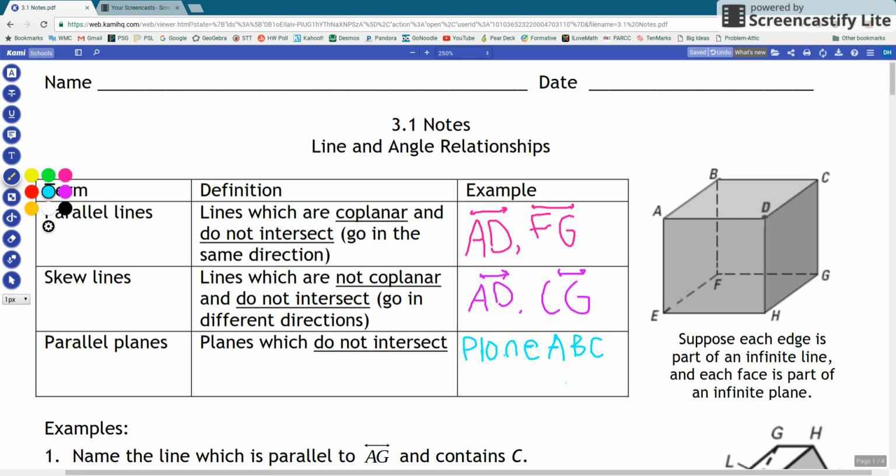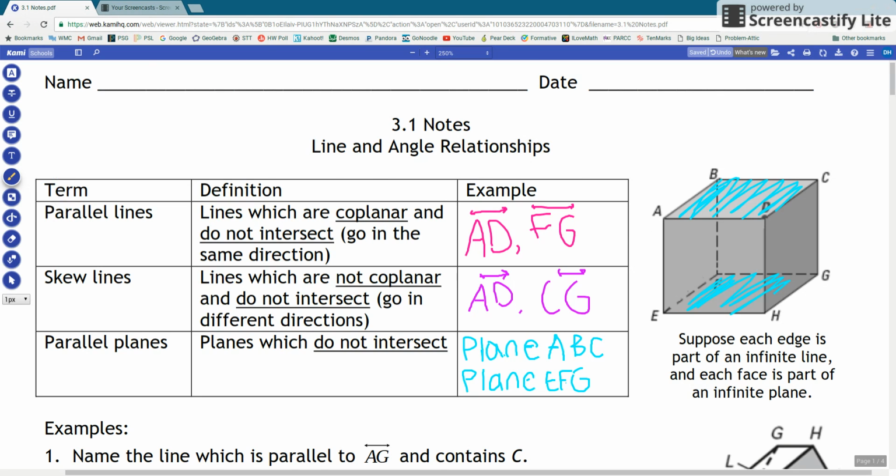Okay, plane ABC, top of the box, that never intersects the bottom of the box, plane EFG. Now, just a reminder from chapter 1, we use 3 points to name a plane. But even though we're only saying those 3 points, it does refer to the entire surface. It's not limited to just those 3 points.